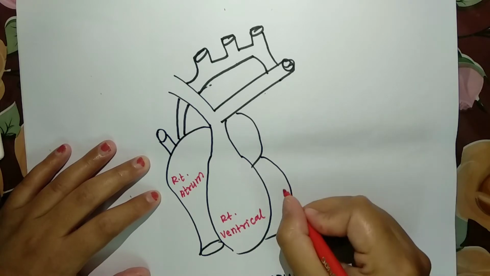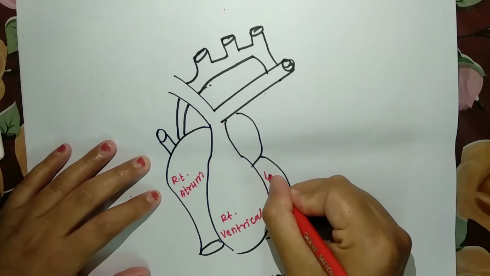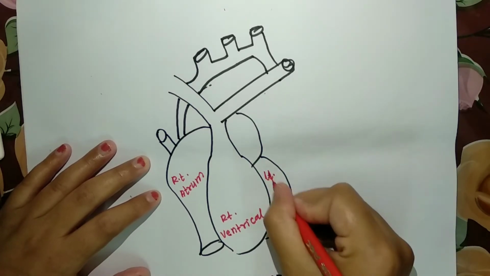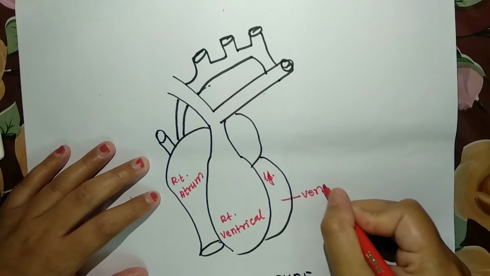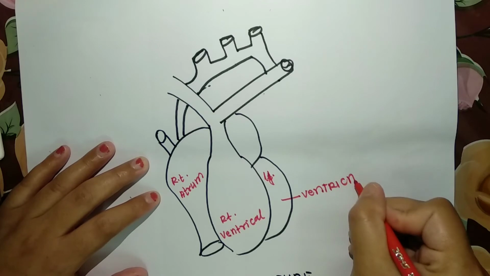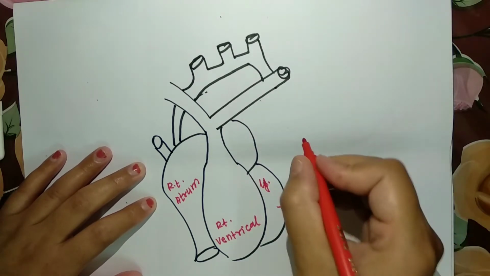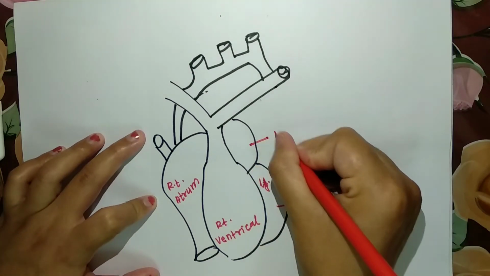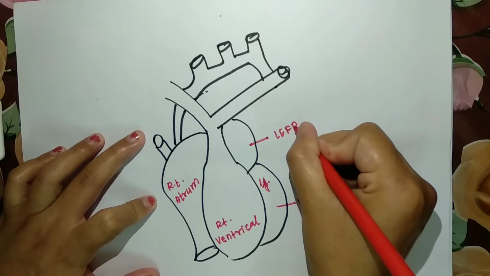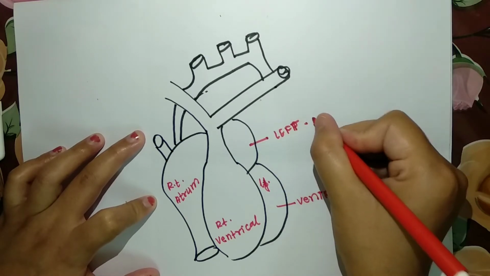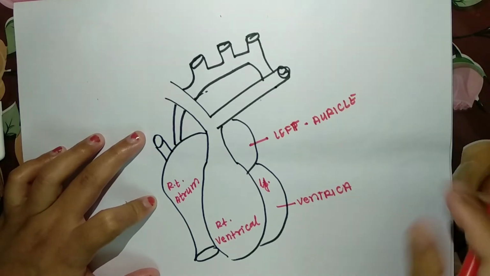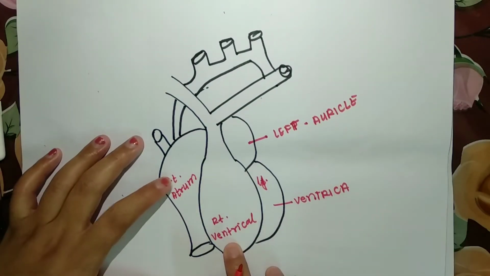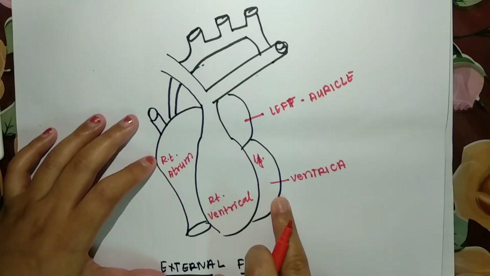This is the left ventricle. This is the left auricle. So: right atrium, right ventricle, left auricle, and left ventricle.